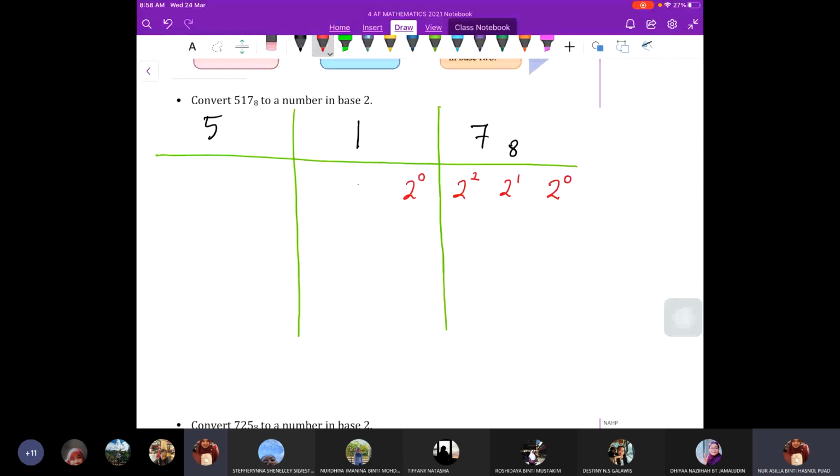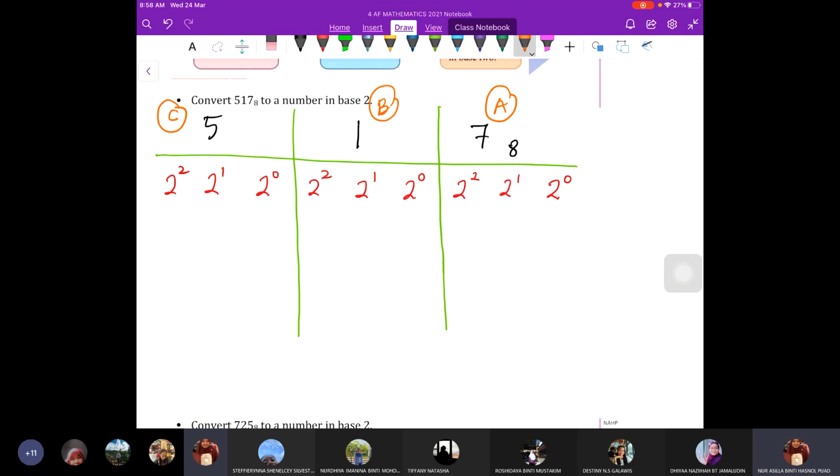Ni pun sama. 2 kuasa kosong, 2 kuasa 1, 2 kuasa 2. 2 kuasa kosong, 2 kuasa 1, 2 kuasa 2. Okay, jadi sekarang saya akan refer. Ini adalah blok A. 1 ni akan jadi blok B. 5 akan jadi blok C.